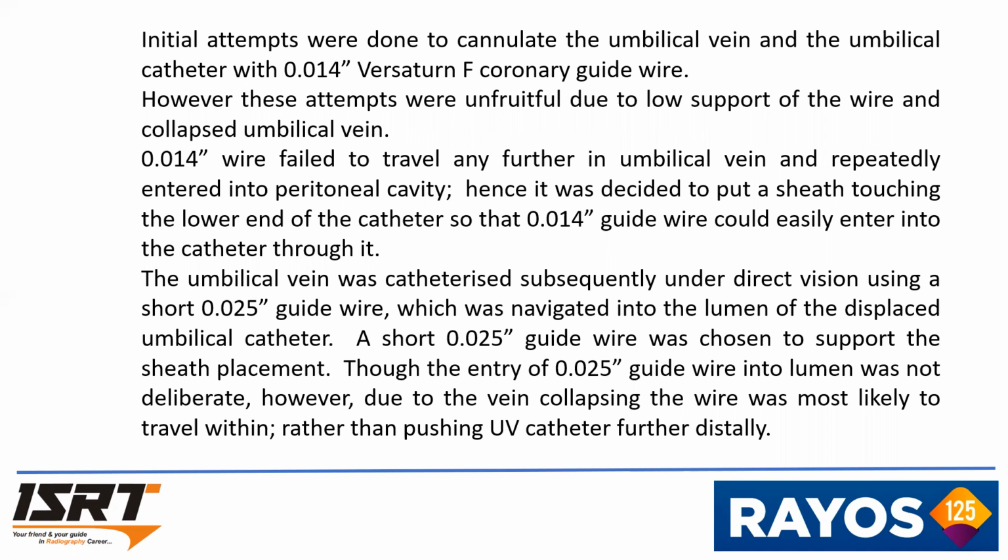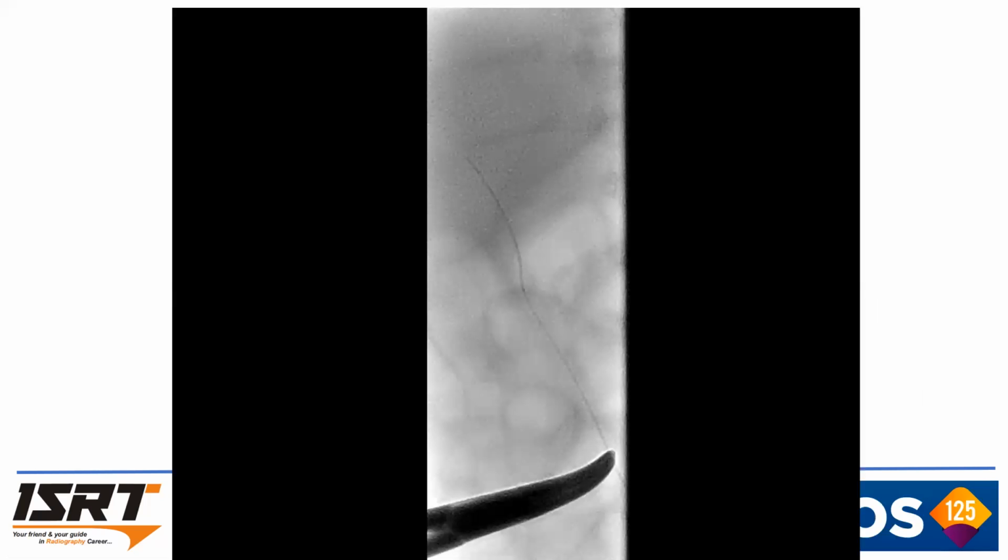Umbilical vein was catheterized subsequently under direct vision using 0.025-inch guide wire, which was navigated into the lumen of the displaced umbilical catheter. A short 0.025-inch guide wire was chosen to support sheath placement. Though the entry was into the lumen, the vein was collapsed and the wire was most likely to travel within, rather than pushing umbilical vein catheter further distally.